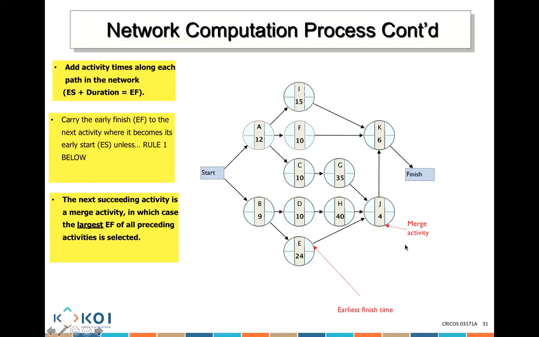E merging into J, H merging into J, and G merging into J. This is the early finish for E, this is the early finish for H, and this is the early finish for G. If there's more than one early finish, you use the largest. So if this is 10, this is 20, and this is 30, the early finish here becomes 30, the largest. 30 plus 4 gives me 34.